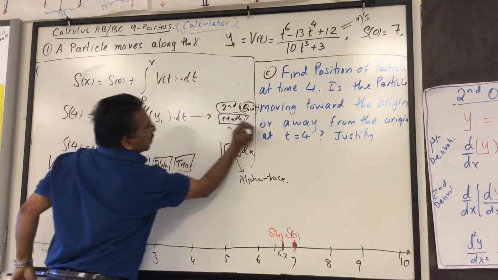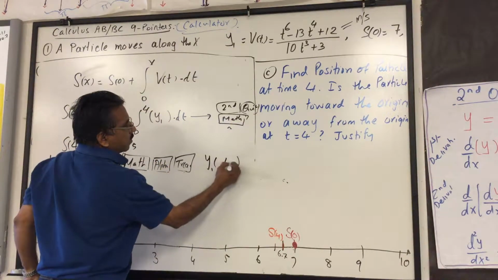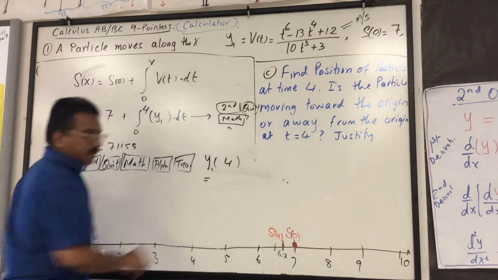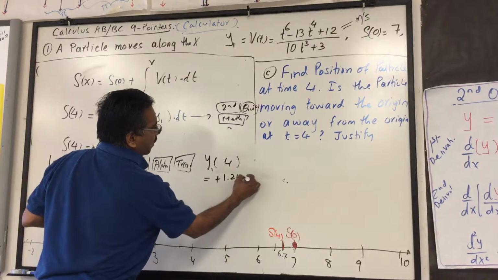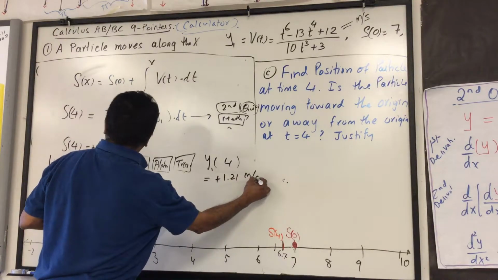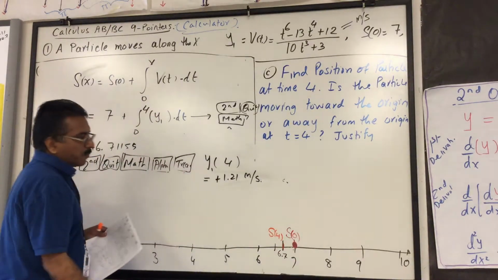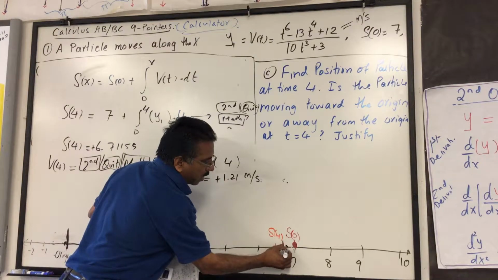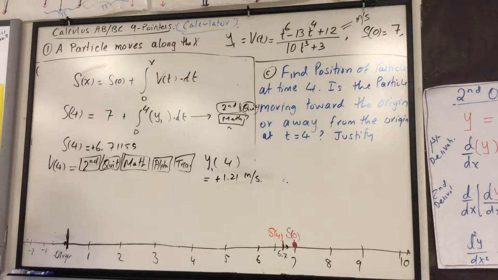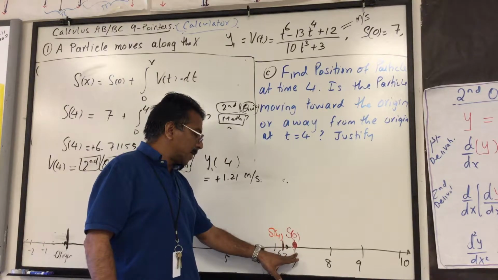So when you do this, you get y1, and then inside you put 4, and the answer that you get is plus 1 point, I will put it meter per second. So that means the particle is moving to the right side. So at that moment, the particle is going to the right side. I'll just show an arrow. So the position at the 4 second is over here, 6.7. This is the initial position.